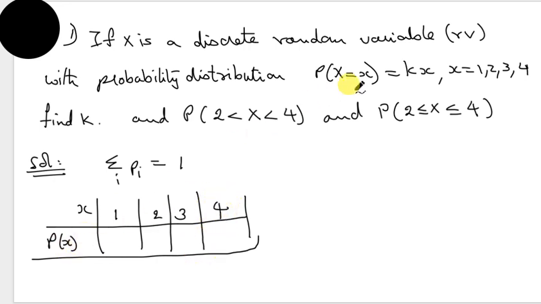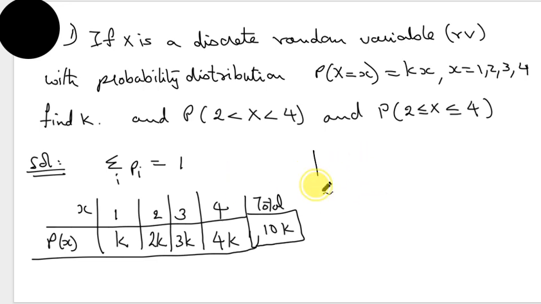So substitute. When x equal to 1, it will be k into 1, therefore k. When x equal to 2, it will be 2k. X is 3, it will be 3k, and x is 4, it would be 4k. Let us now find out the sum of these values to get the summation p_i. So k plus 2k, 3k, plus another 3k, 6k, plus another 4k, totally 10k.